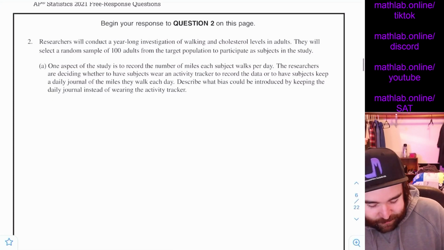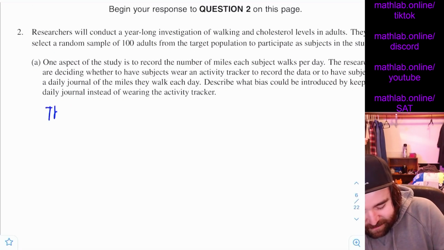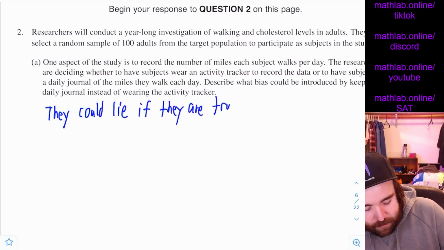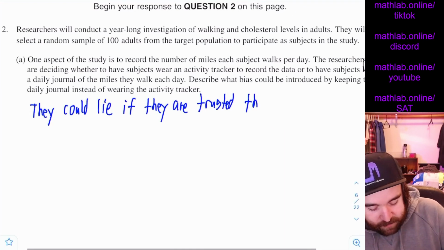Right. So they could lie if they are trusted to self-report. That's really all you would need to write.